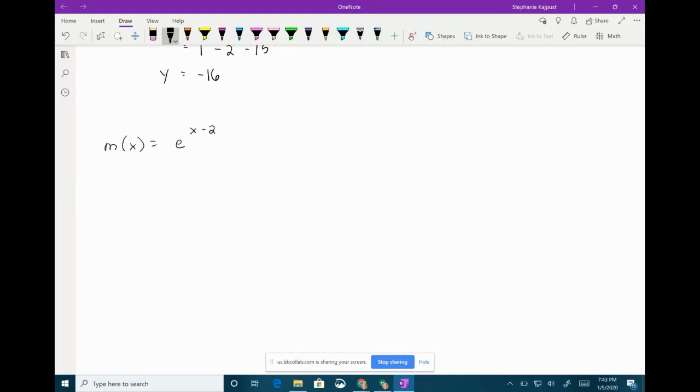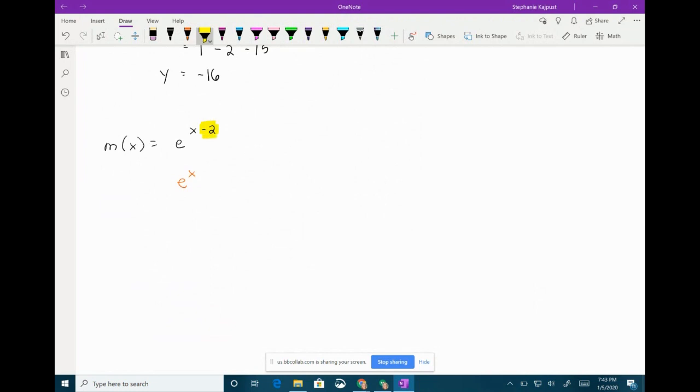So if we ignore the minus 2, you're looking at a function that's just e to the x, which is an exponential function. And when we have transformations, anything that happens to the x is a left or right shift. And it's always the opposite. So we have this minus 2 that we subtracted from x.